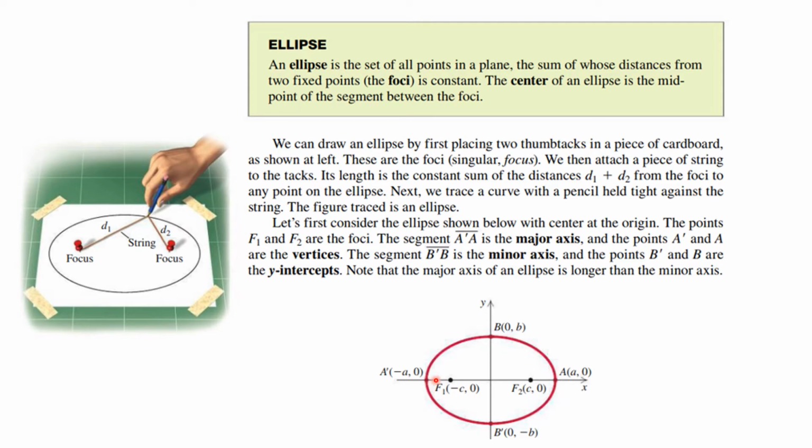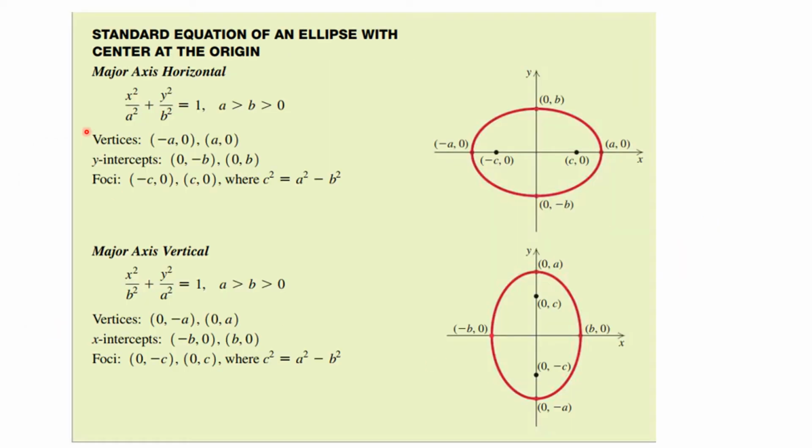The major axis is the longest part of the egg-shaped thing, and the minor axis is the shorter part. In a circle, they both would be the same, and the center is the midpoint between the foci. If you go through the distance formula and do the calculation, you can have a horizontal major axis like this.